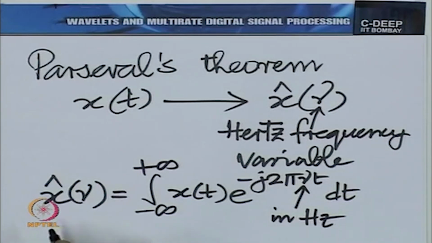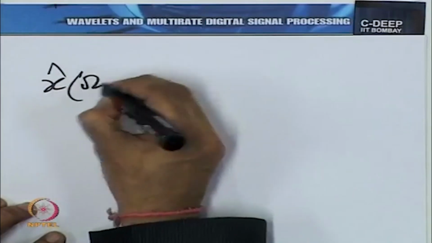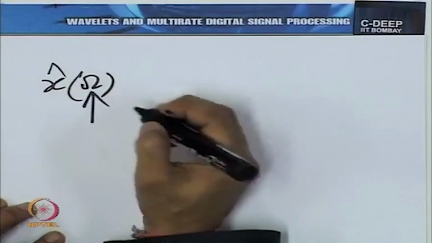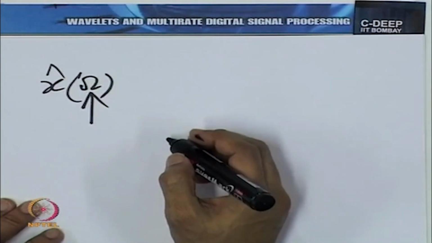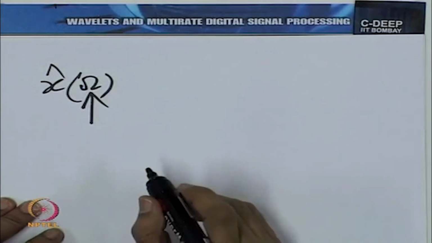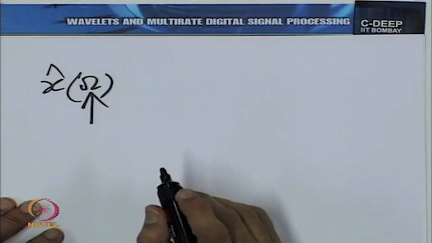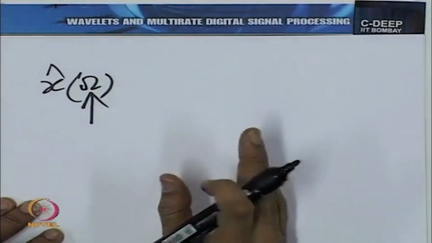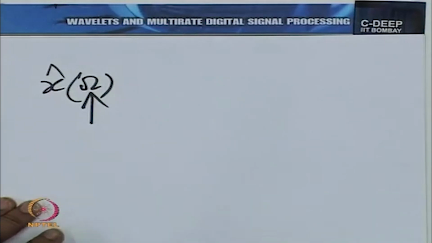Recall that you can also have an angular frequency variable. So, for example, you could write x cap of omega. Now, I will use this capital omega when we are talking about continuous time. We are going to follow some notions of different notation for continuous time and discrete time.